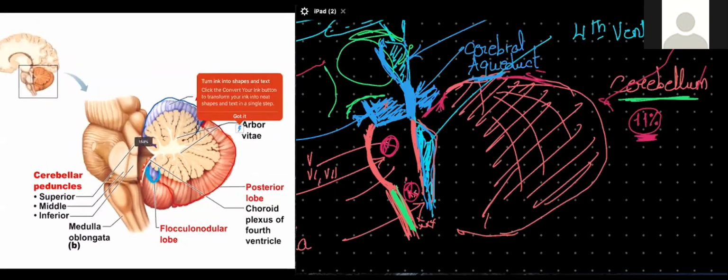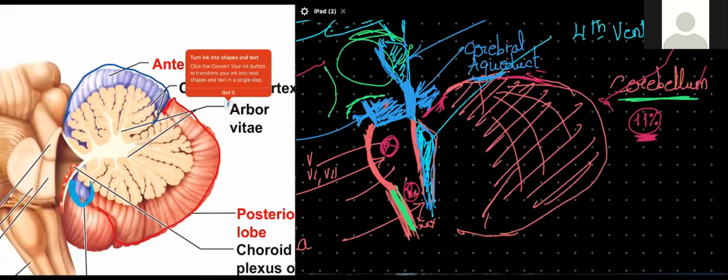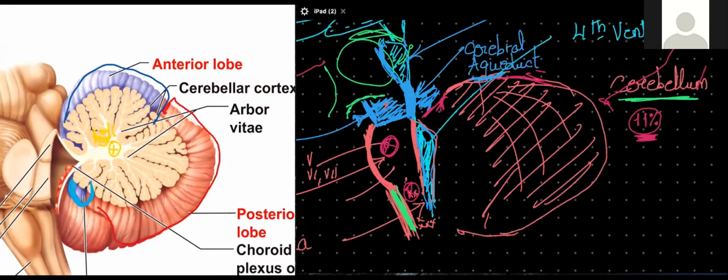If you get closer to the internal structure of the cerebellum, you will see that it has an outer gray matter and an inner white matter. What does the white matter look like for you?